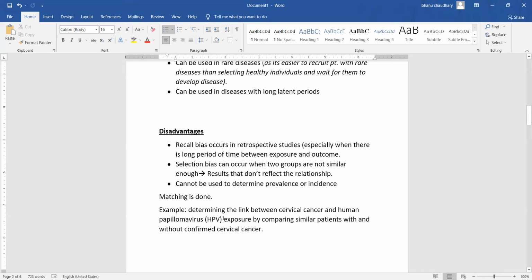You also cannot determine the prevalence or the incidence of a certain disease with the help of a case control study. And the matching is done to reduce the selection bias, very much important.